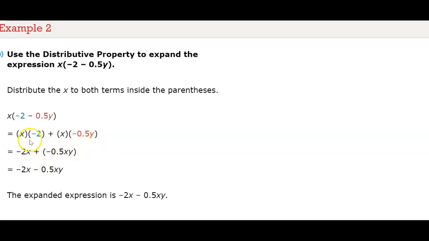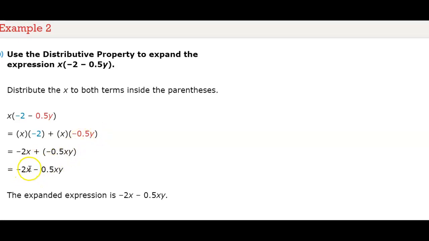For multiplying that, we have -2x here, and then that will equal -5/10 times x times y, because we had a variable that we're adding to the variable we already had for that particular term.